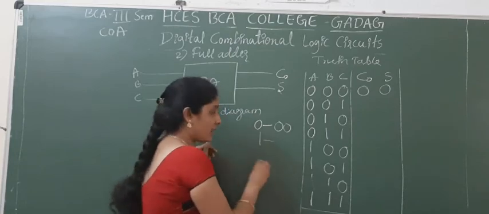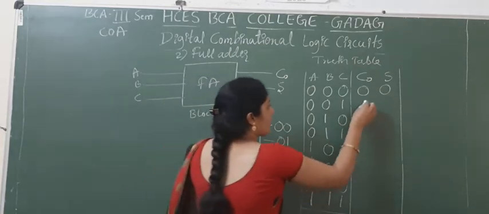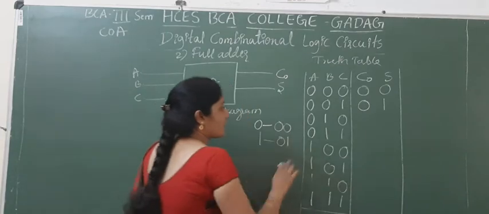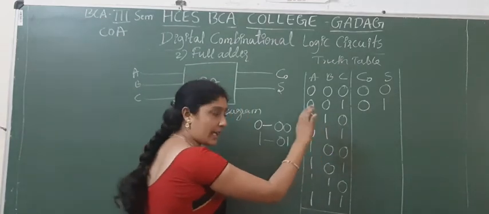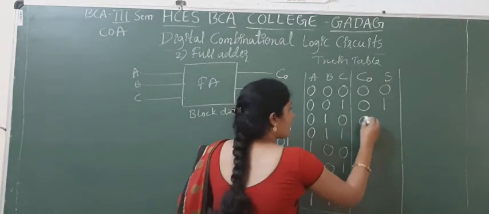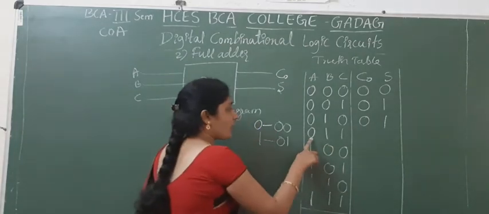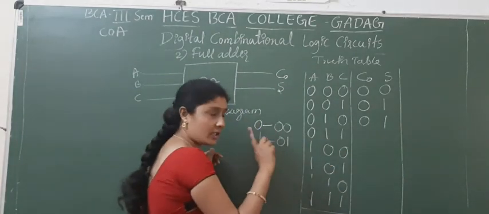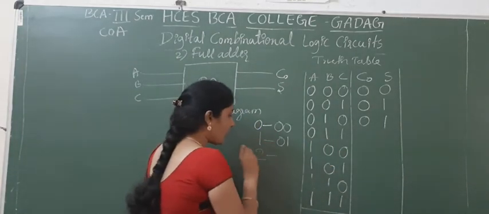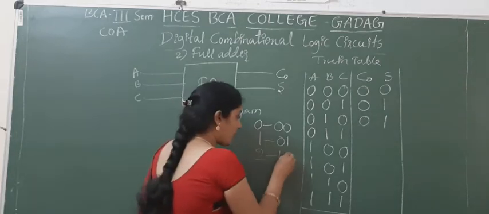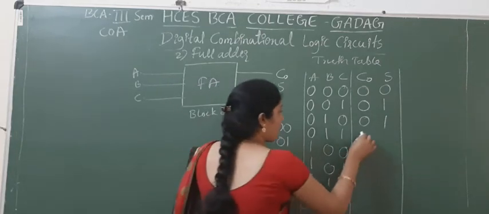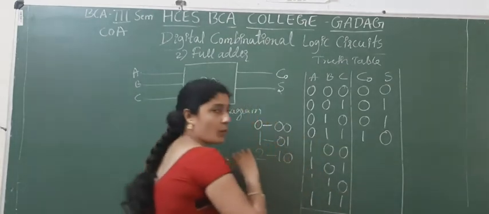How do you write 1? That is 0, 1. Next, 0 plus 1 plus 0, again 1. So 0, 1. Next, 0 plus 1 plus 1 is nothing but 2. How do you write 2 in 2-bit binary combination? That is 1, 0.